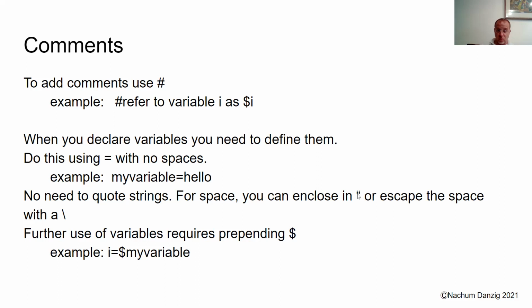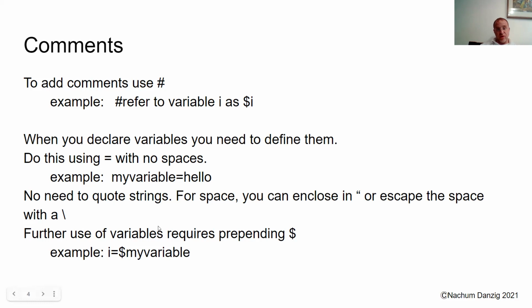You can enclose in quotes, or you can escape the space character with a backslash. Okay, so that's if you want to have a space. In other words, you could write myvariable=hello, and then backslash space world. And then my variable would have the value hello world. Or you could put hello world in quotes. Either way.